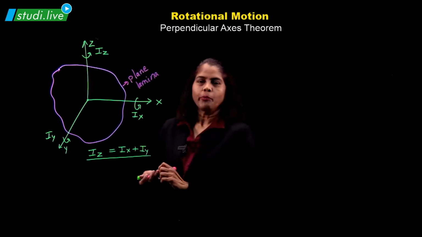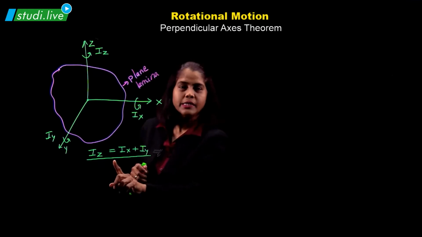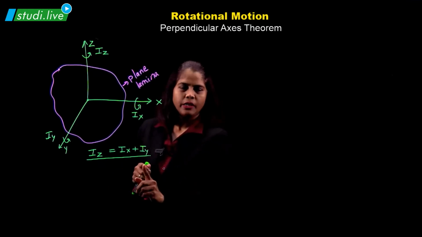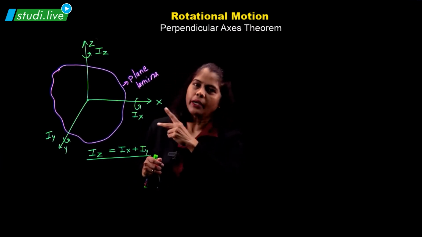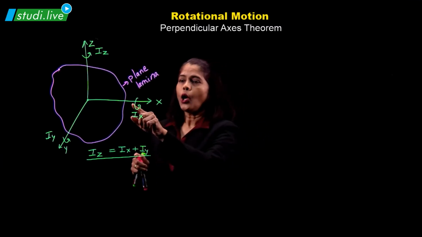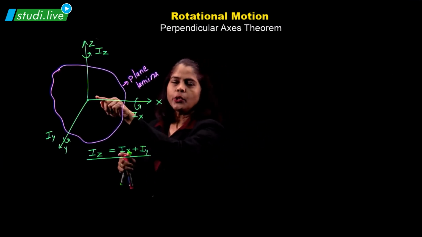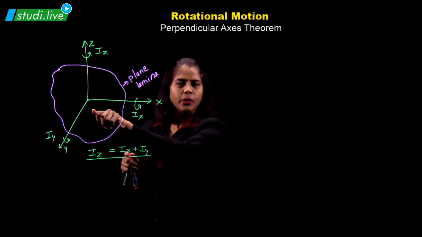Okay. So, the moment of inertia about an axis perpendicular to the plane lamina is equal to the sum of moment of inertia about two mutually perpendicular axes, right? And the condition is all the three axes should meet at one point, or we can say concurrent point. Okay.